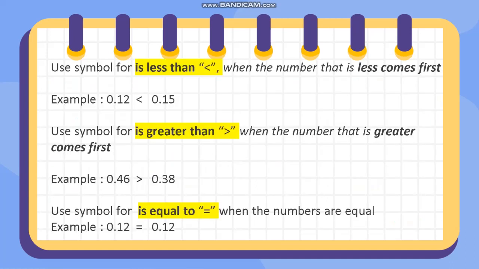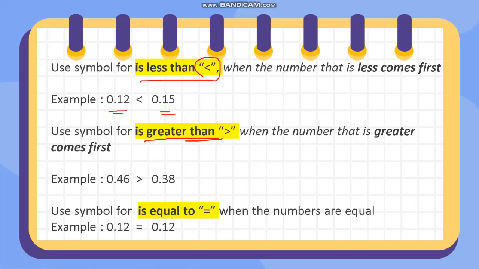Remember this one: we use the symbol for is less than when the number that is less comes first. For example, 12 hundredths is less than 15 hundredths. We use the symbol for is greater than when the number that is greater comes first.